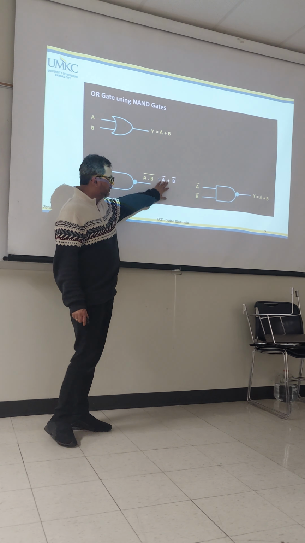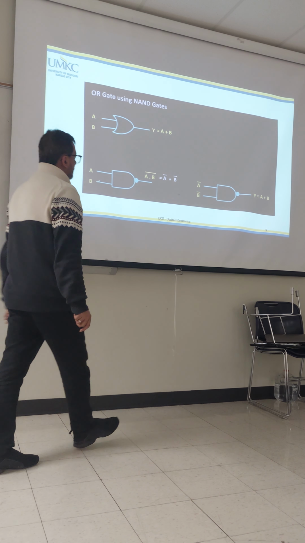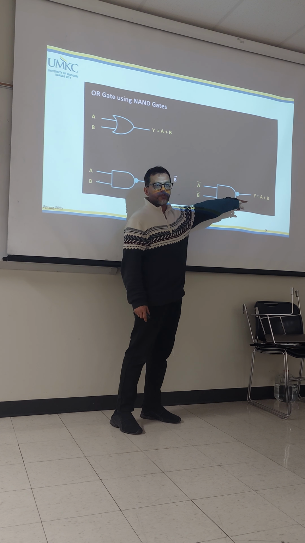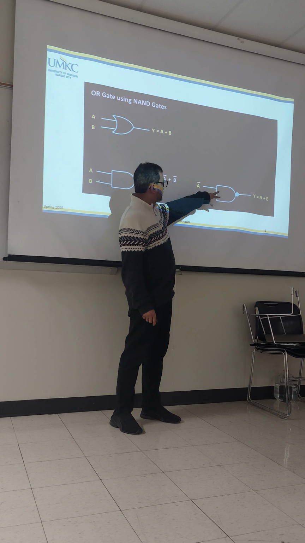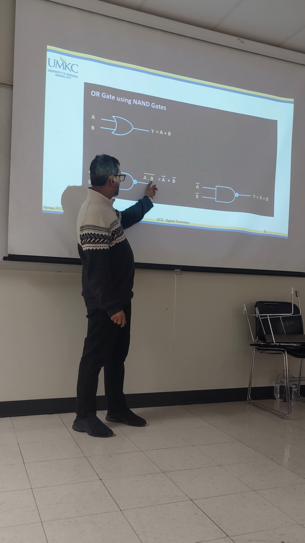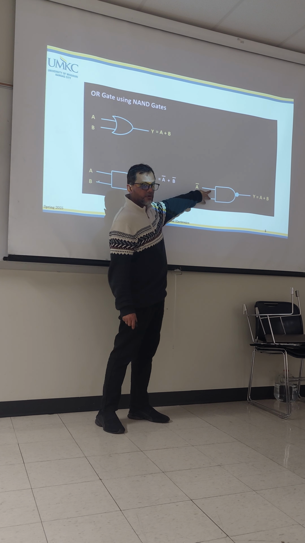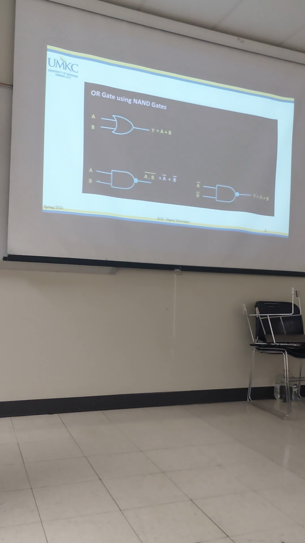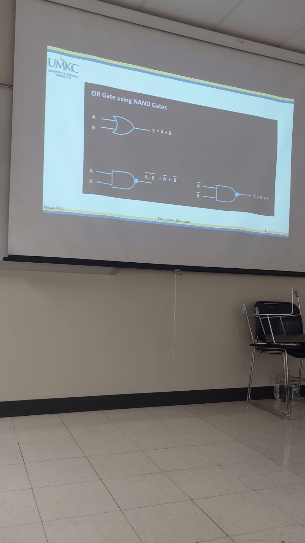So that means if we give two complemented inputs to the NAND gate, it will give you A plus B. From De Morgan's theorem, we can see this is my A dot B whole bar. Then if we complement this using the NAND gate, it will give you A plus B.